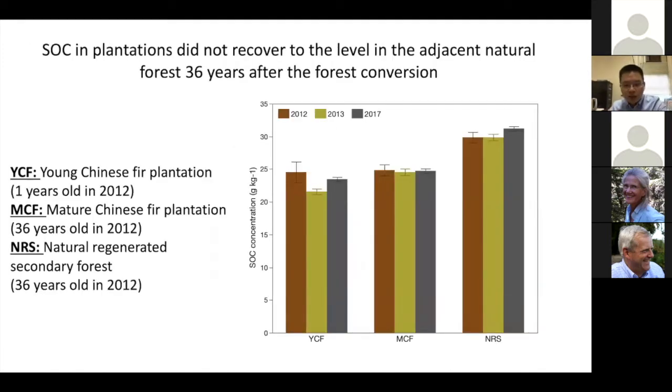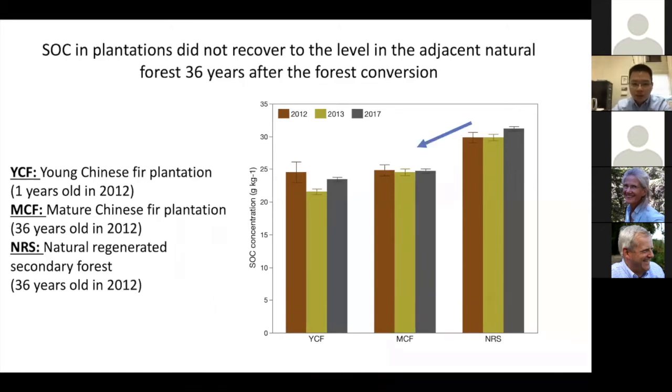Next, I also collected the soil samples 3 times in different years from the young Chinese fir plantation, the mature plantation and the NRS.